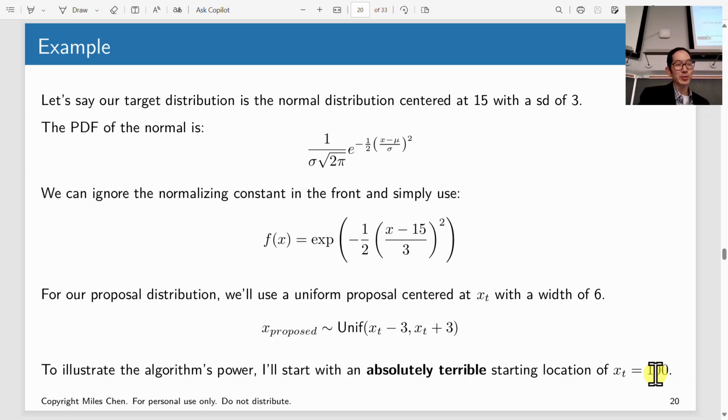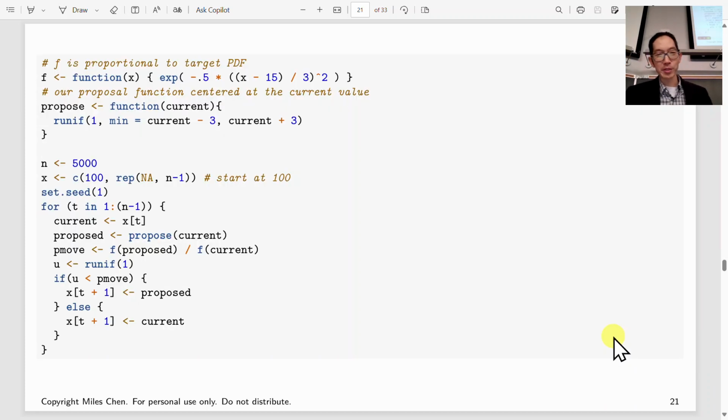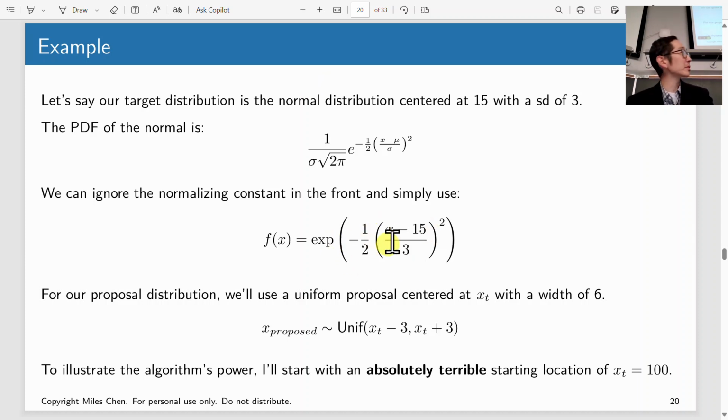But what we'll see is we'll run the chain, okay? So here this is our algorithm, okay? F is going to be e to the negative 1/2 times (x minus 15 over 3) squared. Okay, so this is just a function that is proportional to the PDF.